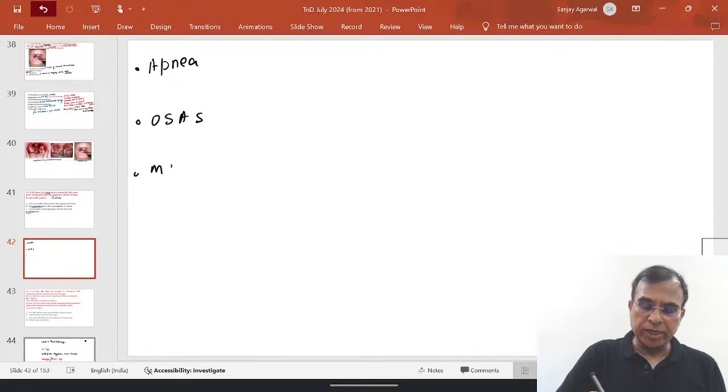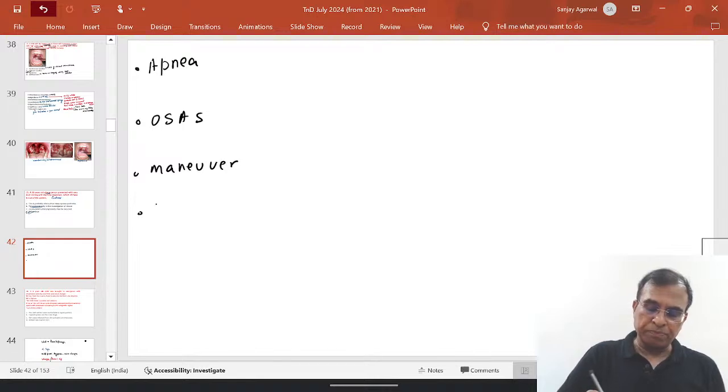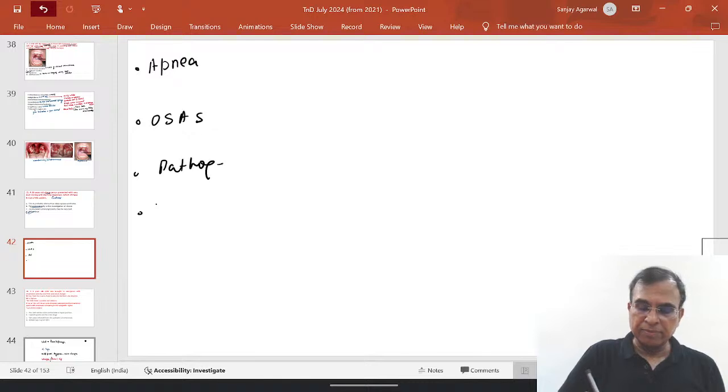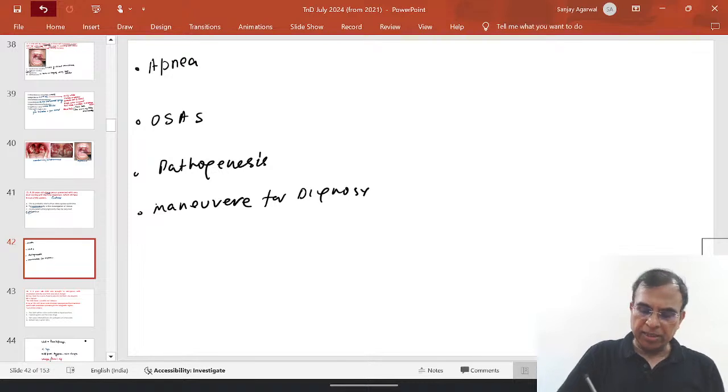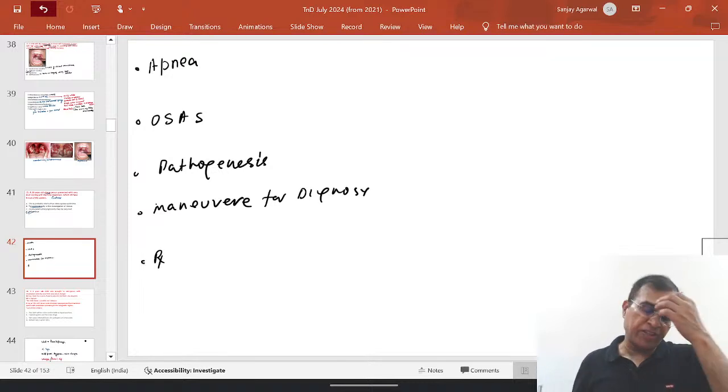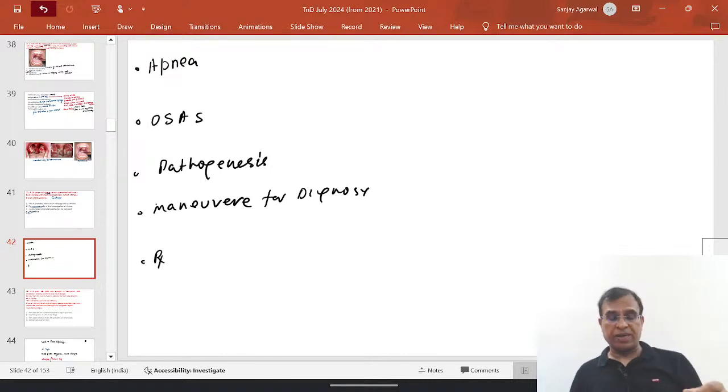Any maneuver that you can do, and a few points about the pathogenesis, and any maneuver for diagnosis, and detailed treatment. So these are the five things that you have to answer in obstructive sleep apnea syndrome.